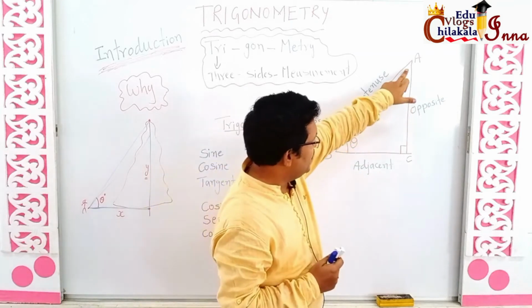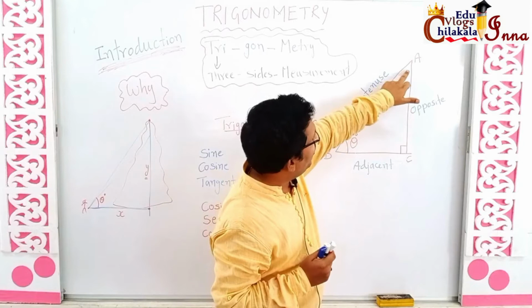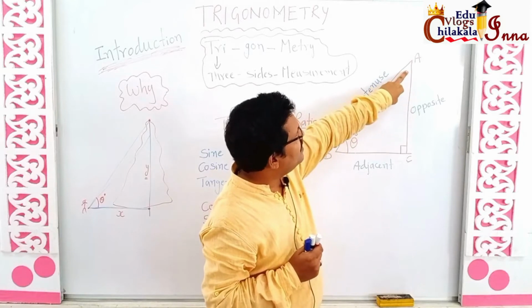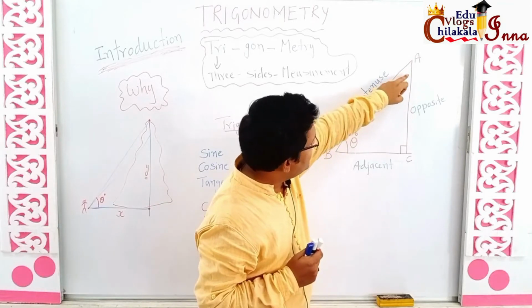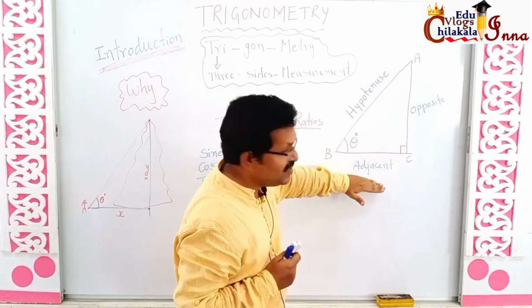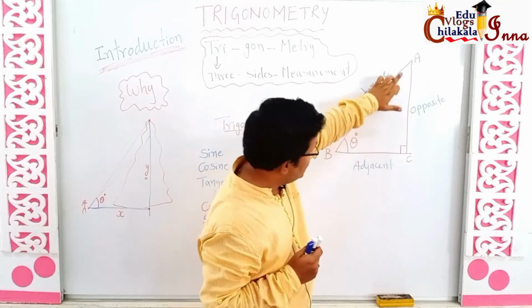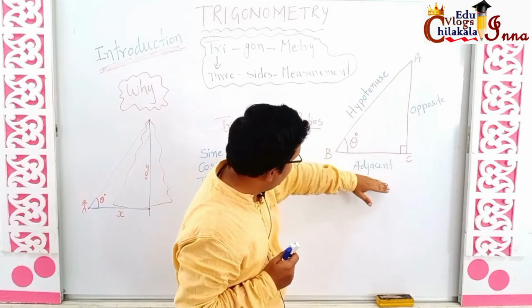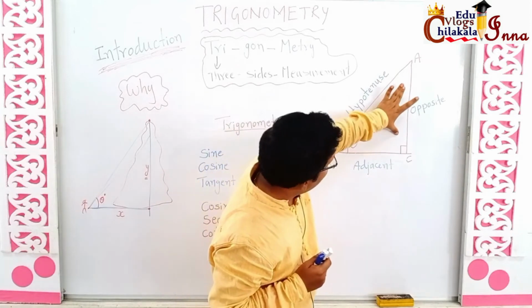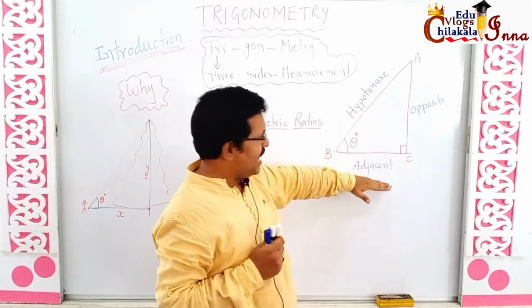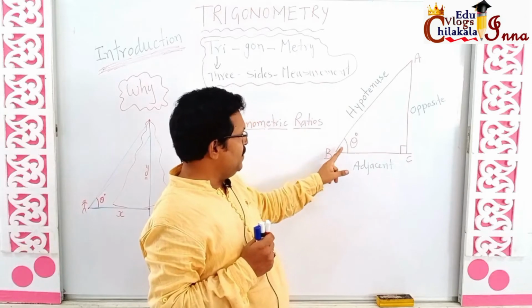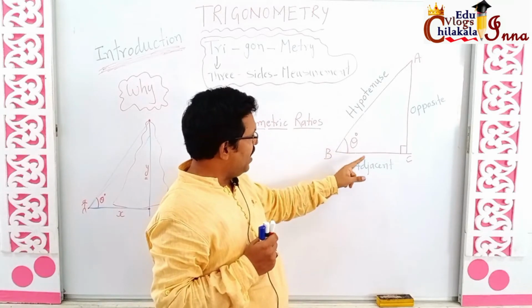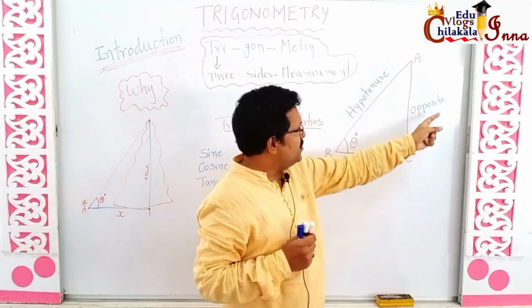If I take this particular angle, what is the opposite side of this angle? This BC becomes opposite. For this angle, AC becomes opposite. For this angle B, theta, AC becomes opposite.